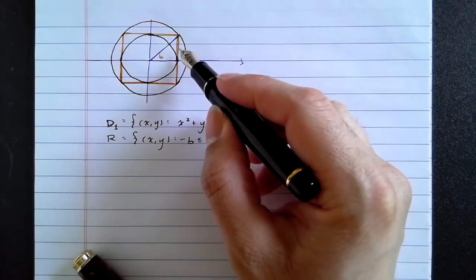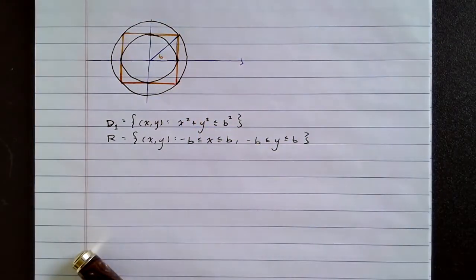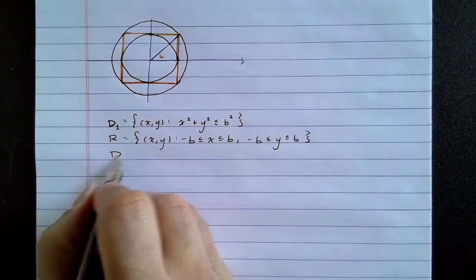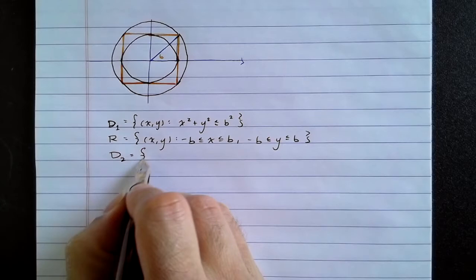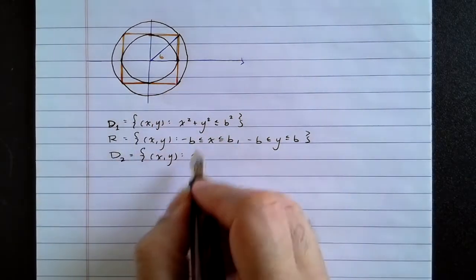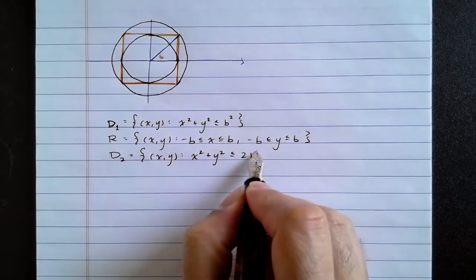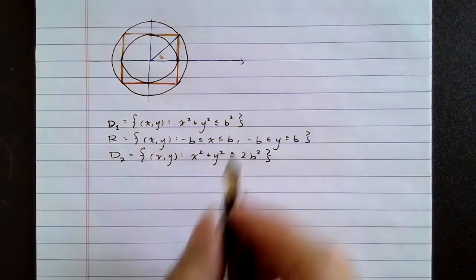So b squared plus b squared is 2b squared, and the square root of that is the length of the hypotenuse. So we can describe that region with this inequality.